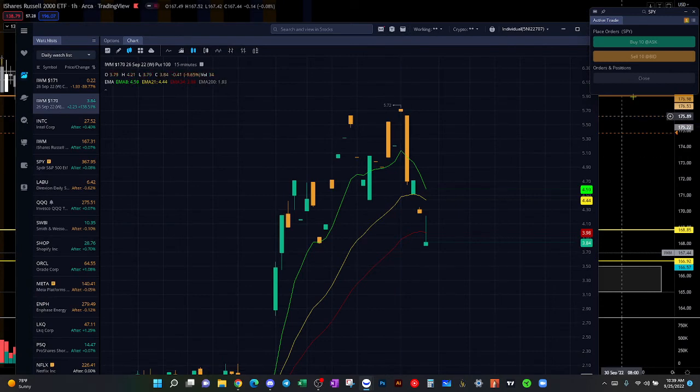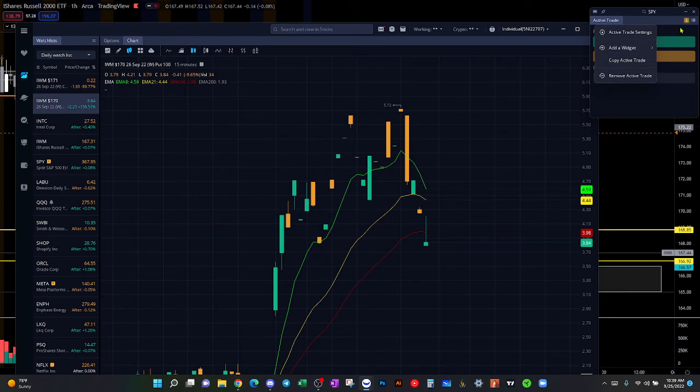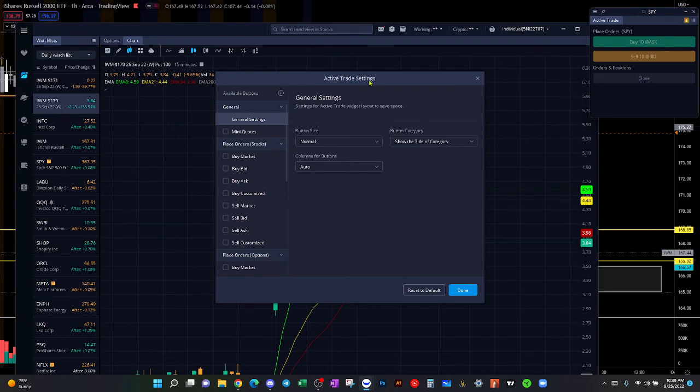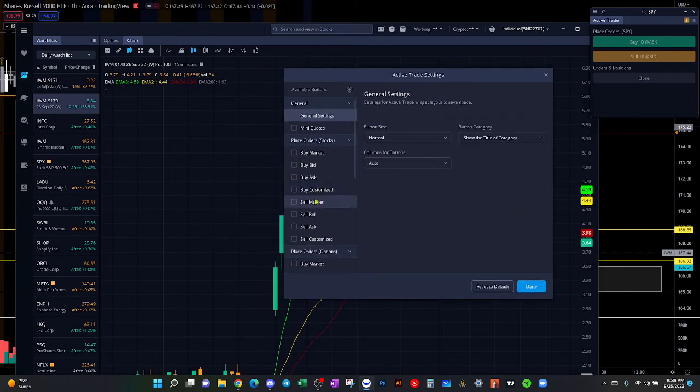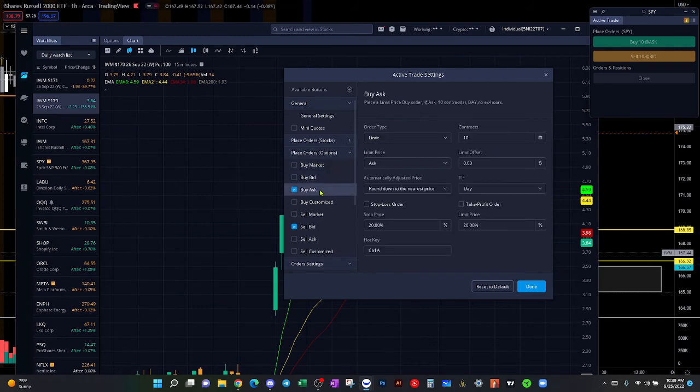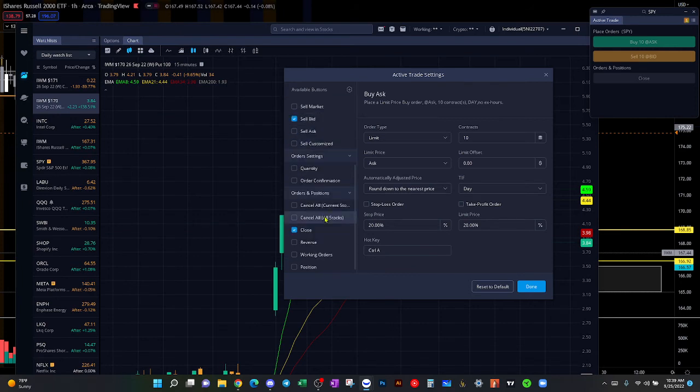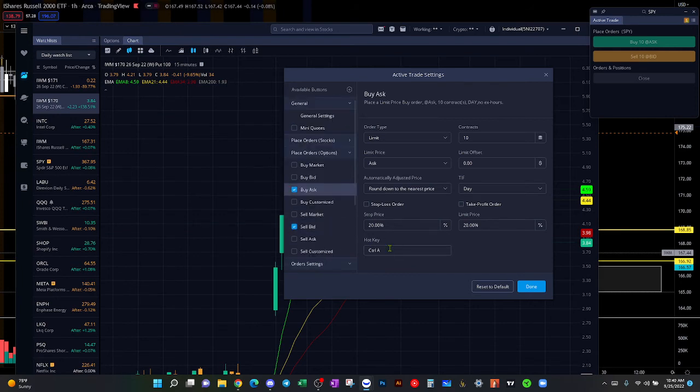So you'll go to add widgets, and then active trade, or go to all widgets and then add this active trade. With this active trade, you can actually go into the settings and adjust it however you want. So if you want to place orders on stocks, or on options, like I want to buy the ask, you just add that. And then I want to say hotkey is down here.